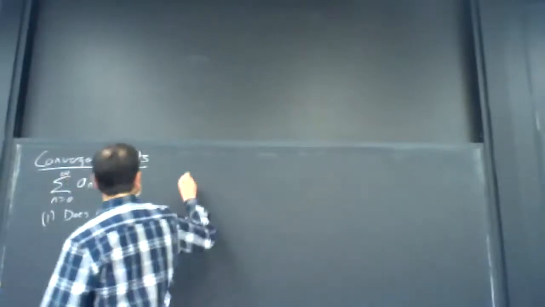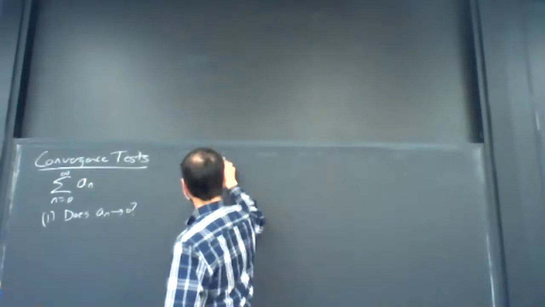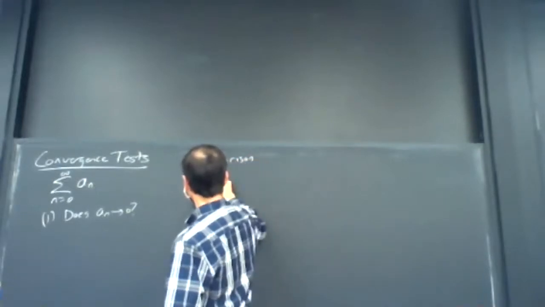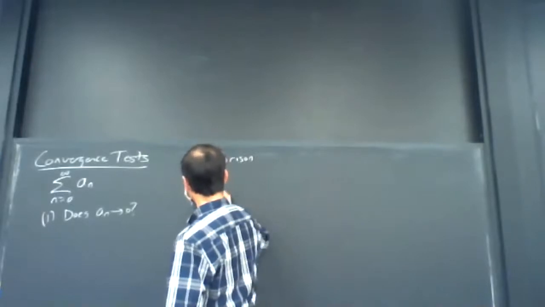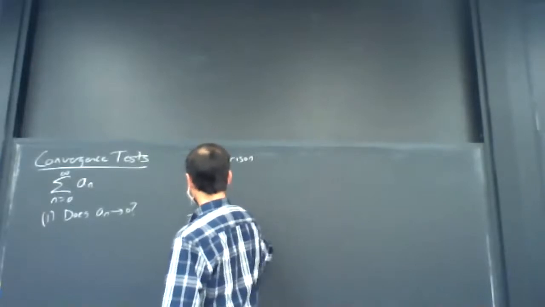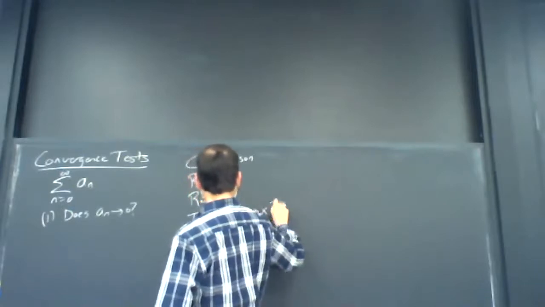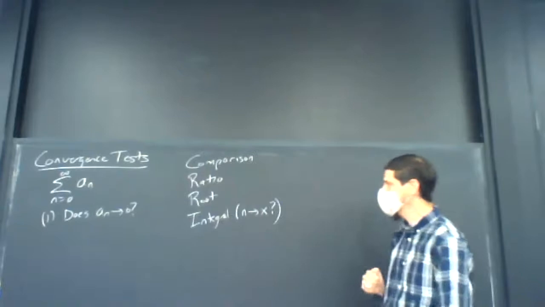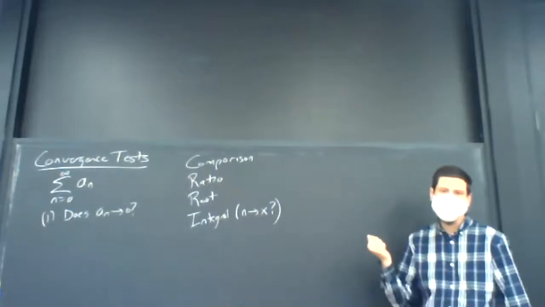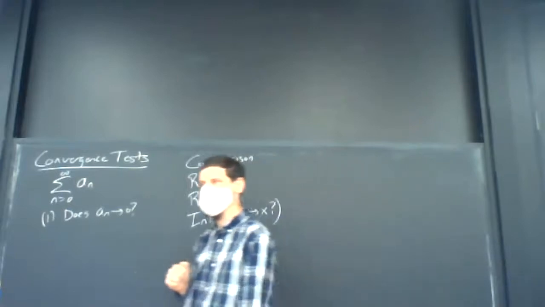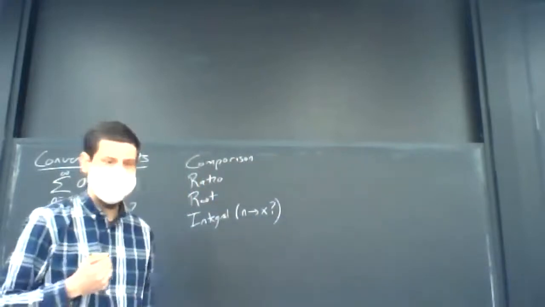So the key tests: we have the comparison, we have the ratio, we have the root, and we have the integral. When we're looking at the integral test, typically you replace n with x, so almost always that will work. You need to know what the conditions are for the different tests.